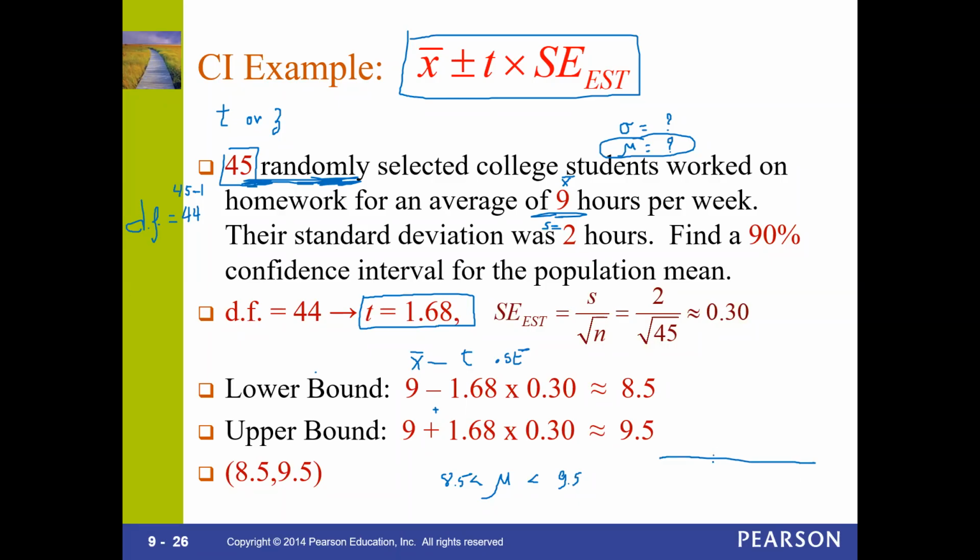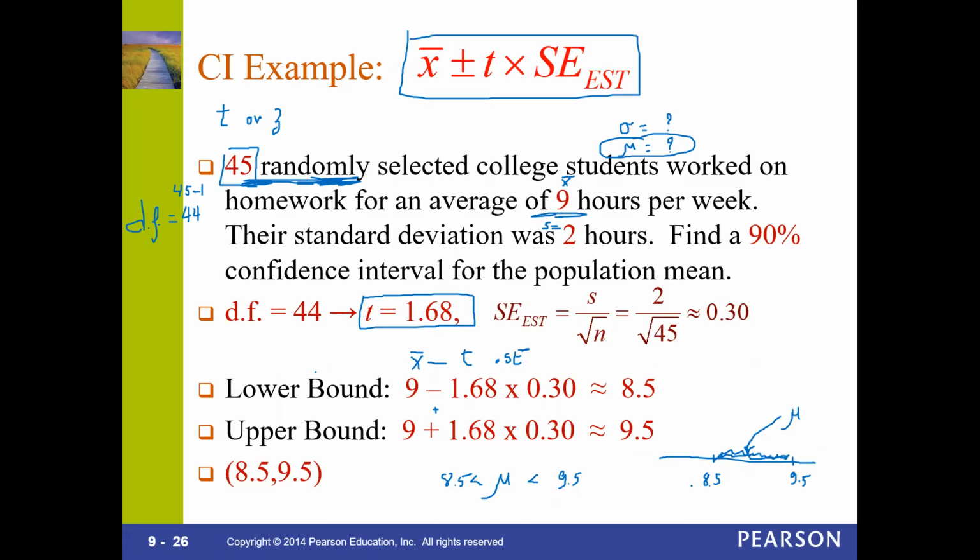If you draw a line like this, this is 8.5 and this is 9.5. What does mu stand for again? Mu is the population mean. This is what I'm trying to figure out. Mu can be anything between there. It's the one I try to calculate, and it can be anything between 8.5 and 9.5.